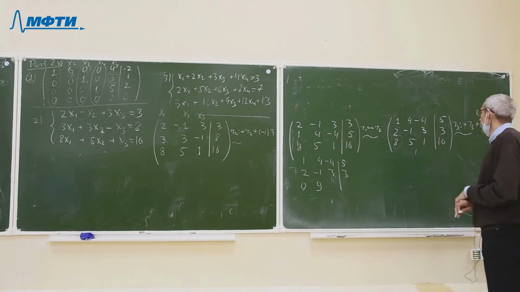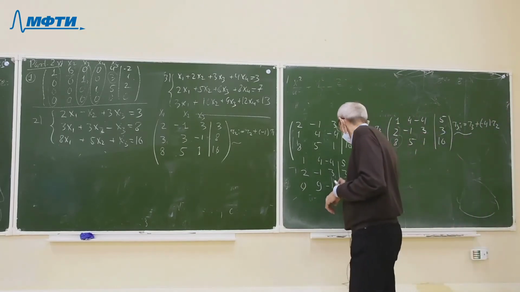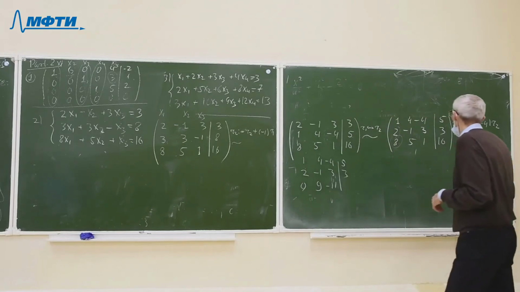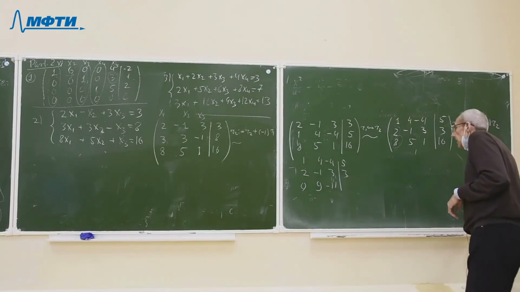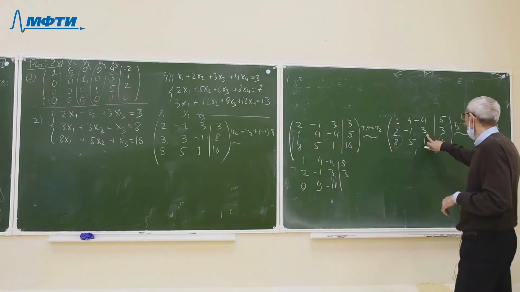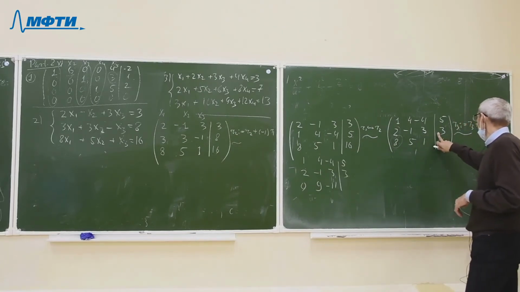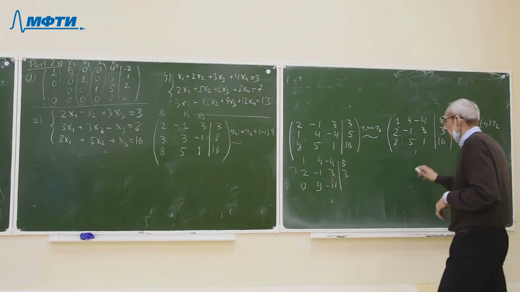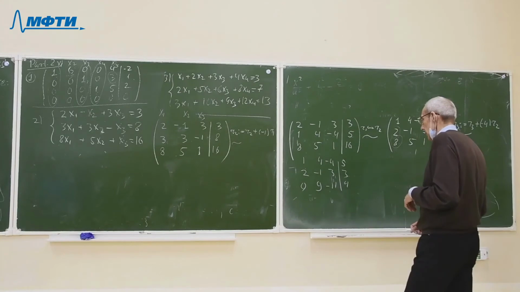Multiply 3 times minus 4, minus 12 plus 1, minus 11. Minus 12 plus 16 plus 4.